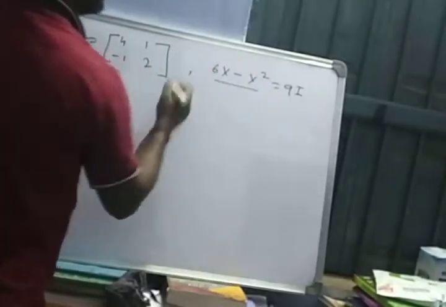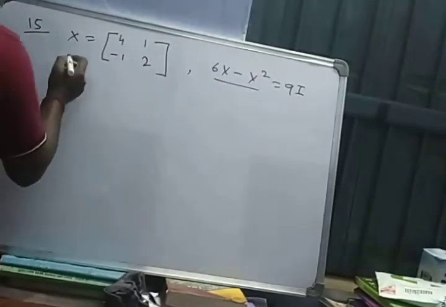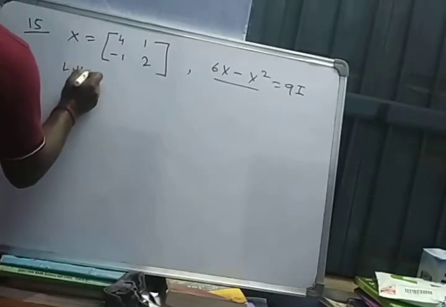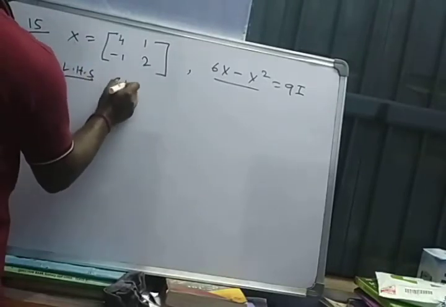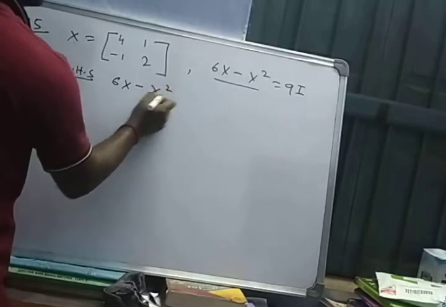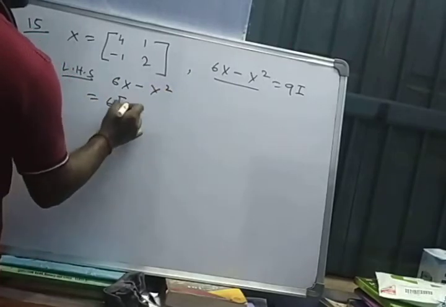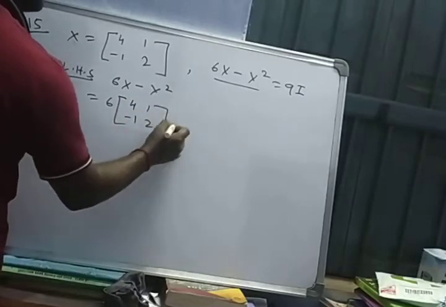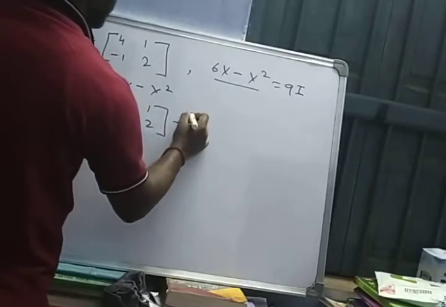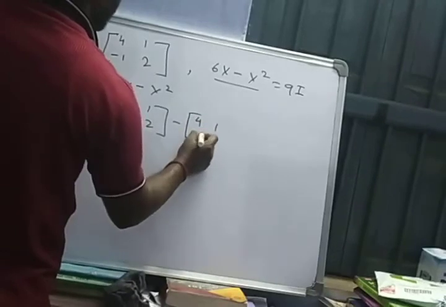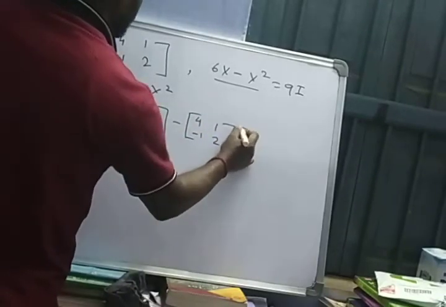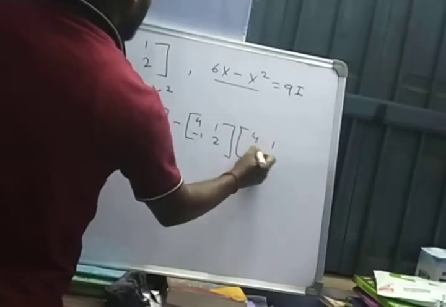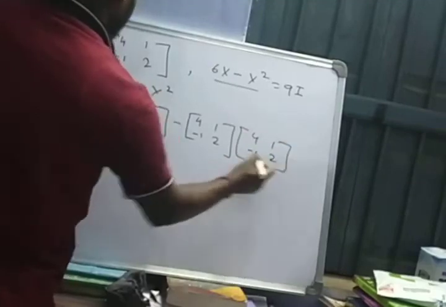Now this is the LHS. From this you have to find the RHS. No problem. That is 6X minus X square. Now put the value of matrix X: 6 into 4, 1, minus 1, 2, minus X square, which means 4, 1, minus 1, 2 into 4, 1, minus 1, 2.